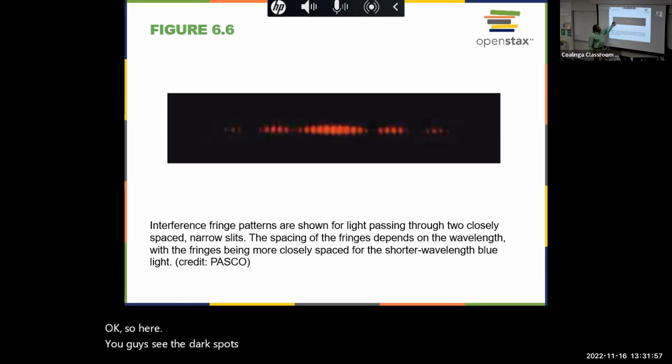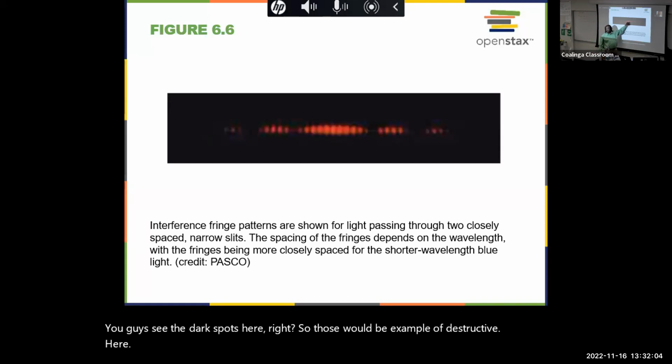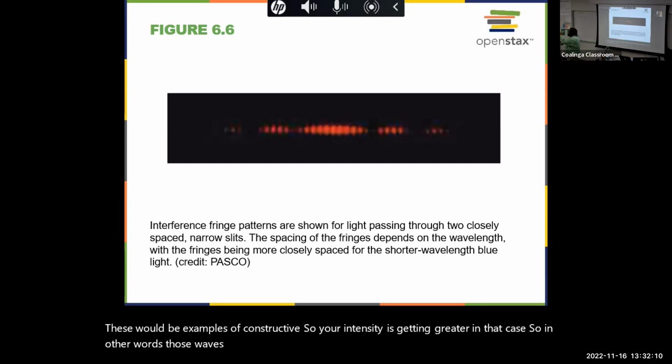Yeah. So those will be examples of destructive. Here, these will be examples of constructive. So your intensity is getting greater in that case. So in other words, those waves are right on top of each other, so you're getting a stronger signal.